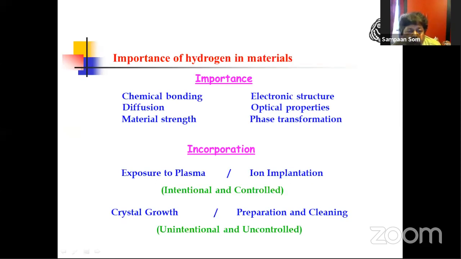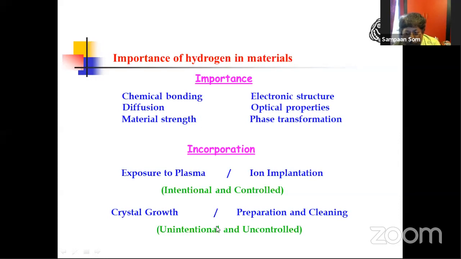Now I show you very quickly some applications of the ERDA technique. Mostly it is useful to detect hydrogen and its isotopes simultaneously, if they are present. And as you know, hydrogen is absolutely important. The only difference is that hydrogen, being so small, diffuses so fast in any material that we live with this.